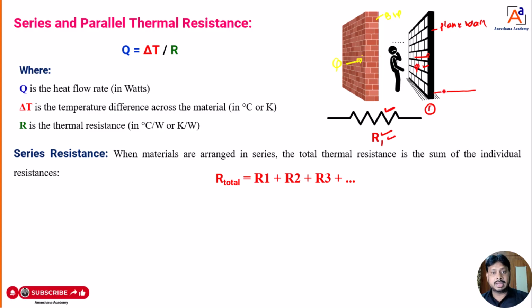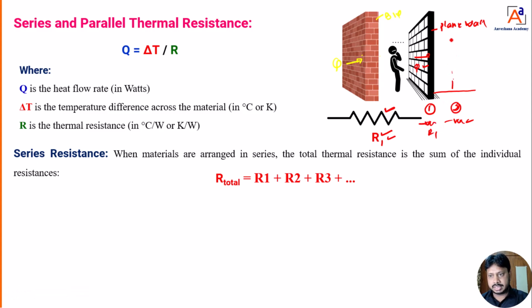If n number of walls are there, that means if the heat is moving across the n number of walls, the individual plane walls are going to offer resistance to the flow of heat. Assume that there is a second material, that also is going to offer some resistance. I can mark here now. So the individual material is R1, first material.